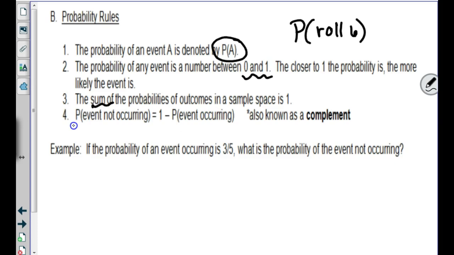Makes sense. The probability of an event not occurring then is 1 minus the probability of the event. Okay. So basically, if I say the probability of rain today is 0.8, what's the probability of no rain?